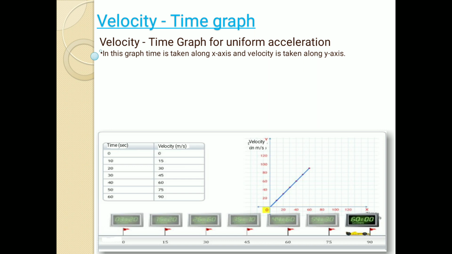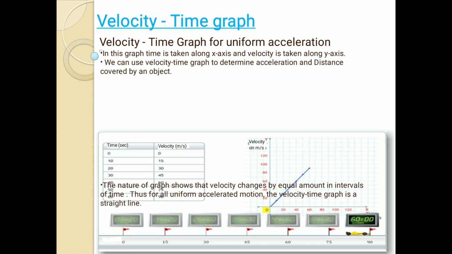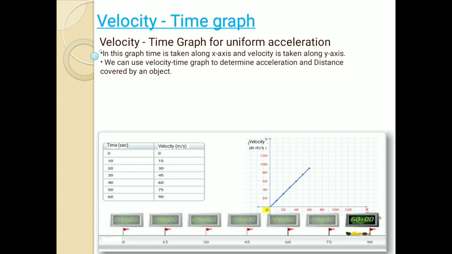Okay, look here, this is a graph, time and velocity. So I have given here the first point: in this graph, time is taken along the x-axis and velocity is taken along the y-axis. Is it correct? So velocity we have mentioned on the y-axis and time on the x-axis. The next point is, by using this velocity time graph, what can we measure?